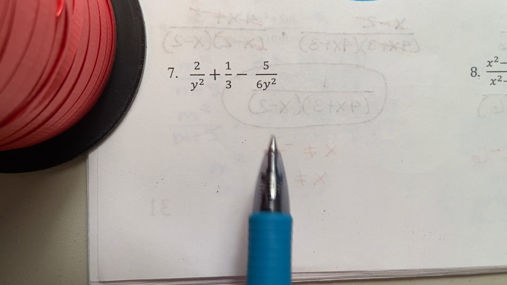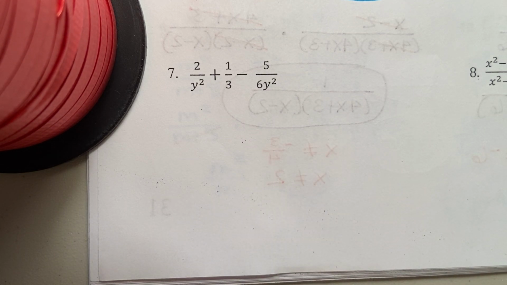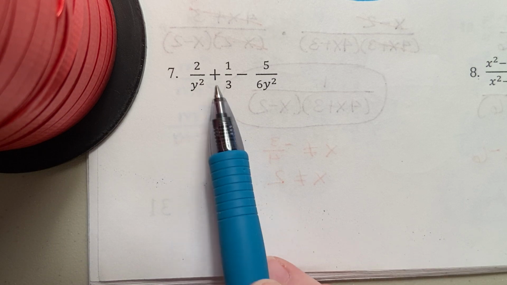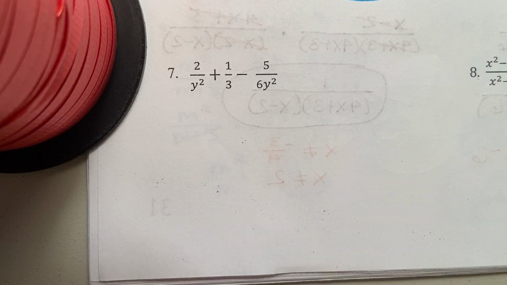All right, so when we get our common denominator, we want to try to get the least common denominator possible. All right, what could we use that all 3 terms could divide evenly into? And it would be 6y squared. All right, so now that we know our common denominator, step 3 says we're going to multiply all terms by that common denominator. And it says up top.